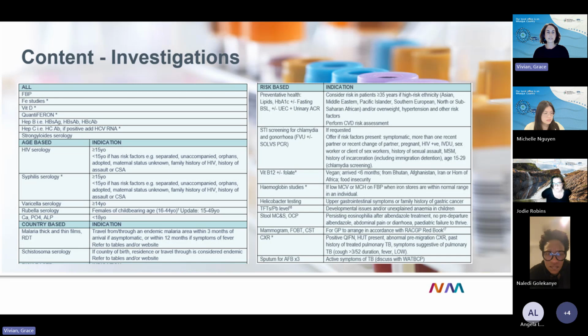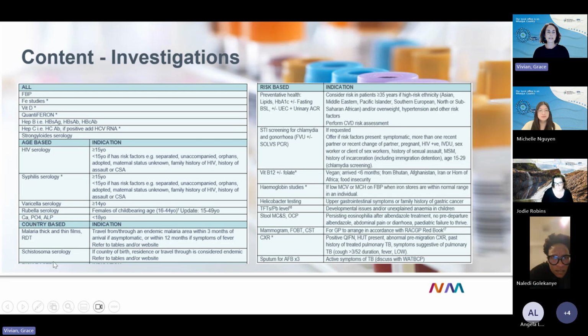Going through these, you can see them divided into groups. So there's ones that all clients have, full blood picture, iron studies, etc. There's tests that are age-based. So HIV and syphilis serology reserved only for 15 years and above, with exclusions listed there, and a few others depending on age.